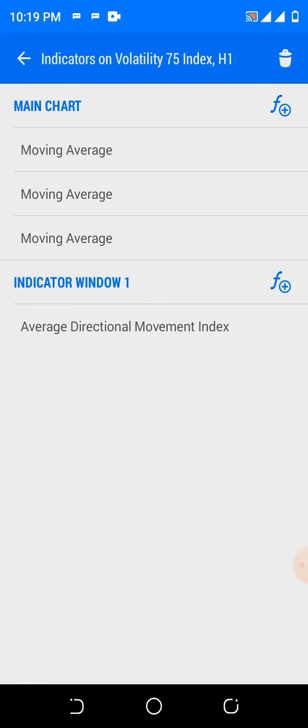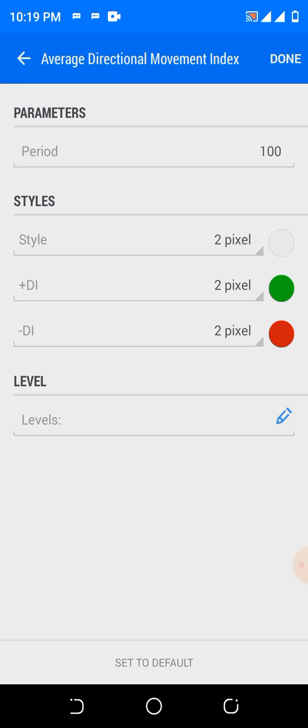You understand? Two moving averages and the Average Directional Movement Index. The period is 100. And for the style, you will choose the color to be the same as your screen background.